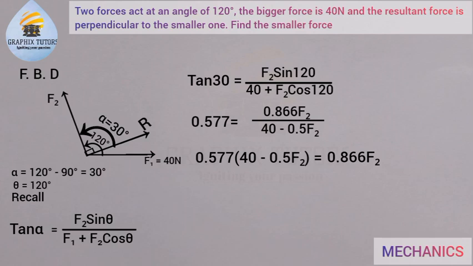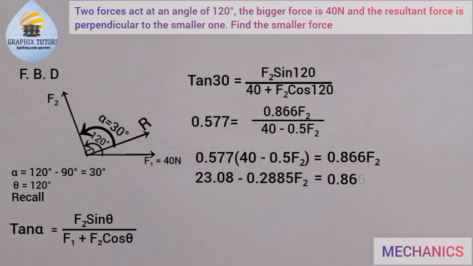When you open the bracket, 0.577 times 40 gives us 23.08, minus 0.577 times 0.5, which gives 0.2885 F2, equals 0.866 F2.